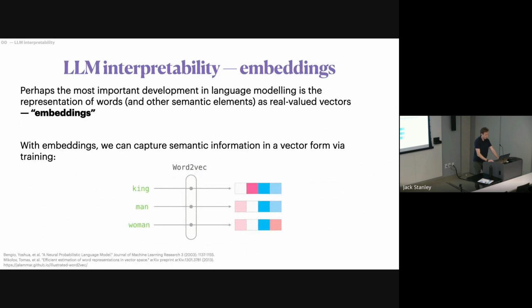Looking at the embeddings first, these are perhaps the most important development in language modeling in the last couple of decades. We can represent words and other semantic elements like sentences or documents as real-valued vectors. With these embeddings, we can capture semantic information in this vector format via training. This is a very simplified visualization of word2vec, inputting semantic elements like words and outputting vectors with some relational meaning to each other based on some pre-training objective like masked language modeling or some other training method.